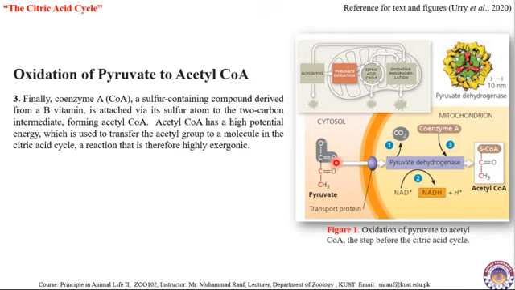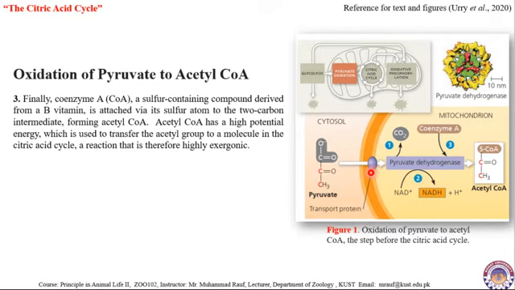Now the remaining 2-carbon fragment gives its electrons to NAD and forms NADH, and the remaining portion combines with coenzyme A and forms acetyl coenzyme A. So remember, the enzyme involved is pyruvate dehydrogenase, and this whole reaction is known as oxidative decarboxylation.